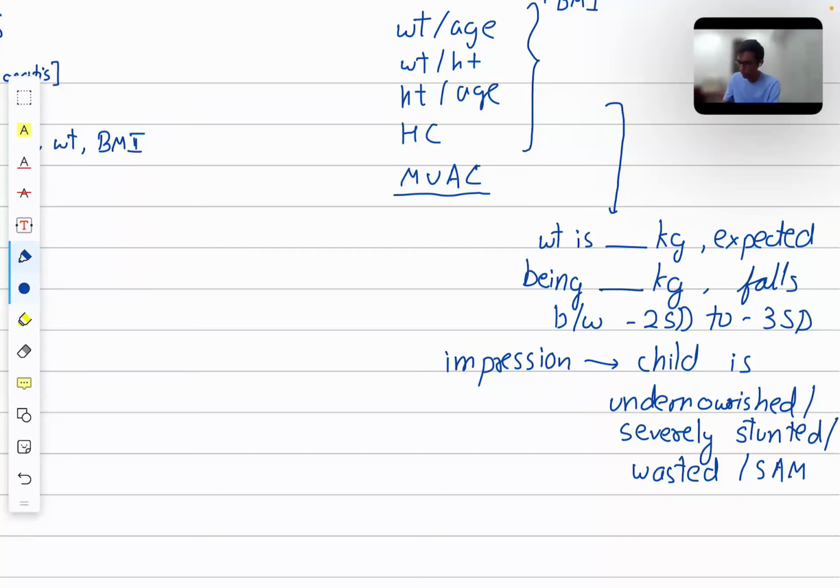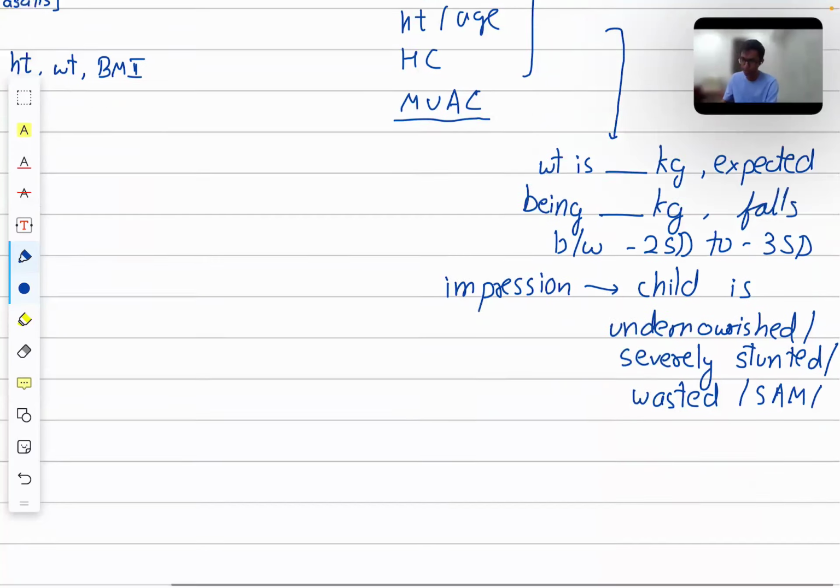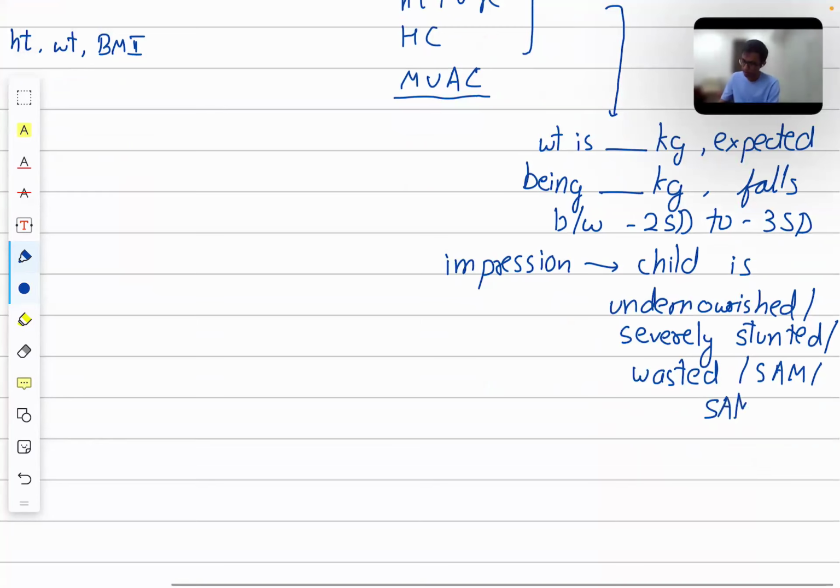If head circumference is less than expected, whether it is microcephaly, this has to be mentioned.